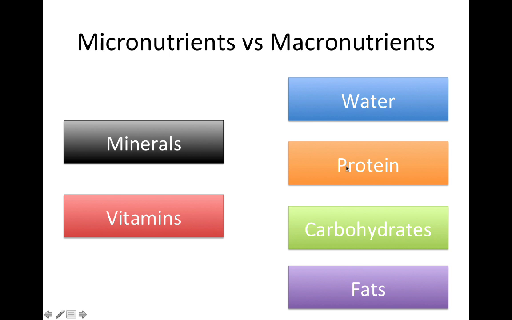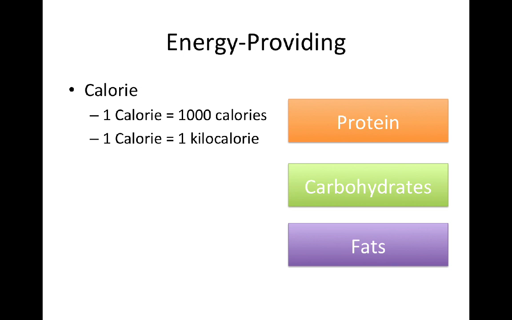The other macronutrients, protein, carbohydrates, and fats, are unique in that they provide energy. They also can act as building blocks and have other functions within the body that we'll talk about in a subsequent video.